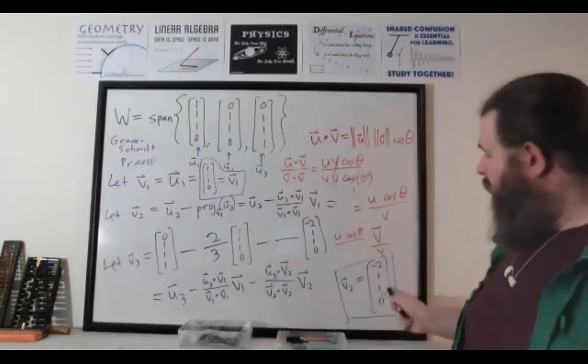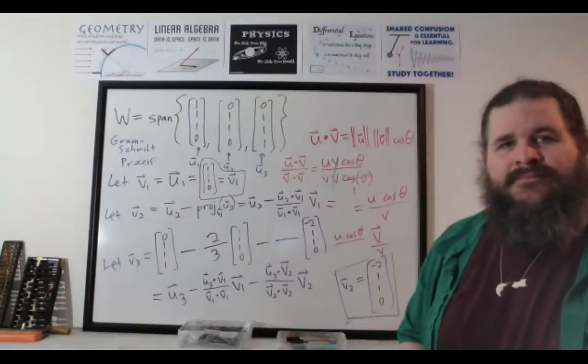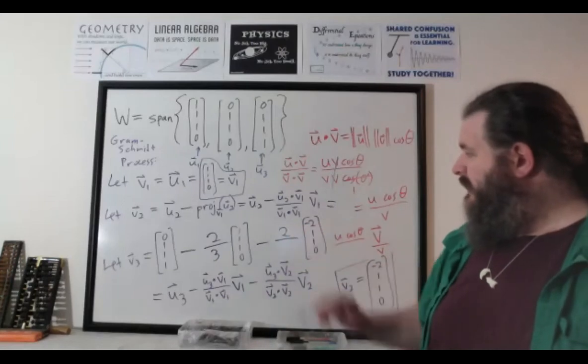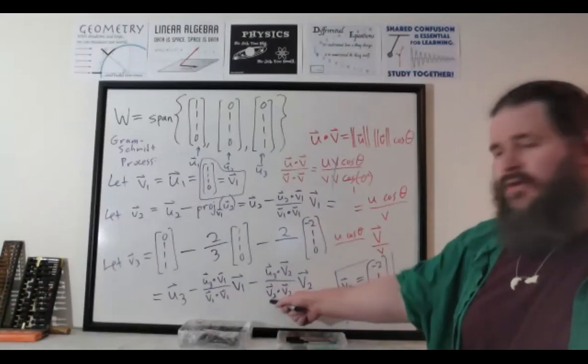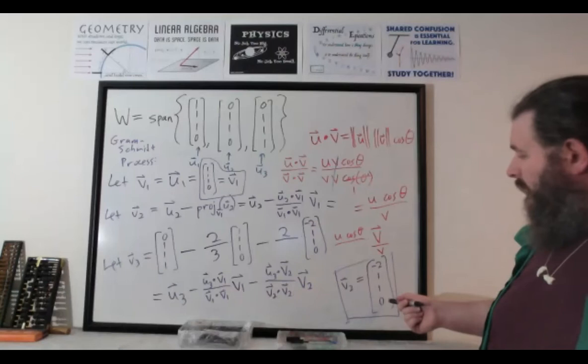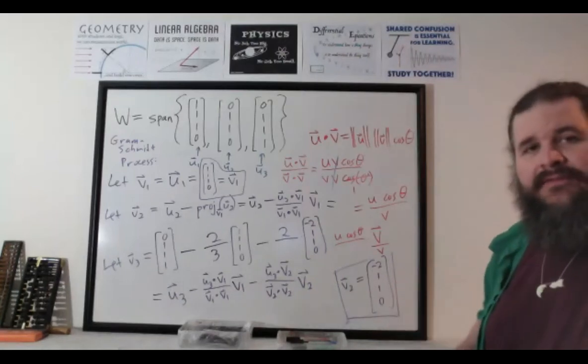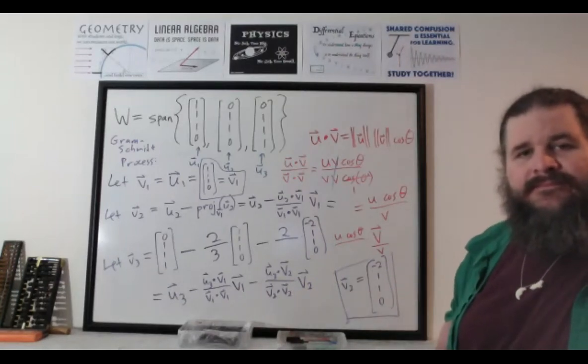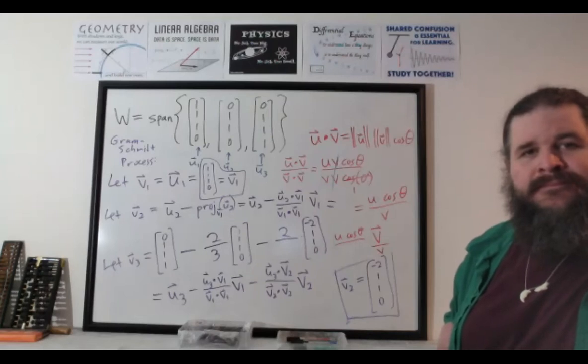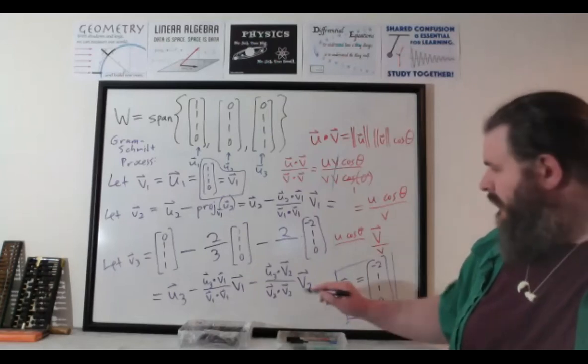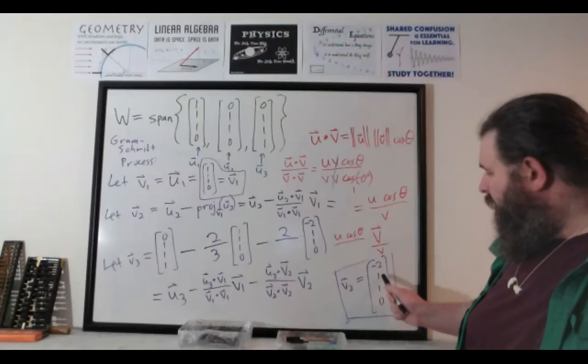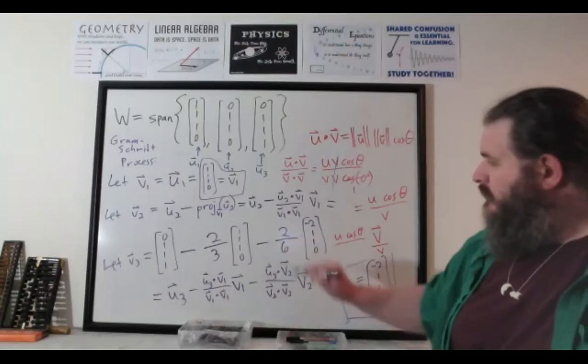What is that dot product going to be? Yeah, it also happens to be 2. And then v2 dot itself. What do you get if you take the dot product of v2 and itself? 6. Yeah. 2 squared plus 1 squared plus 1 squared plus 0 squared, 6.